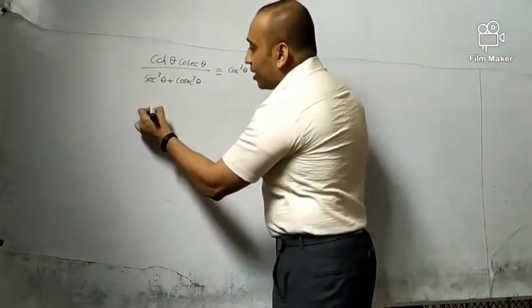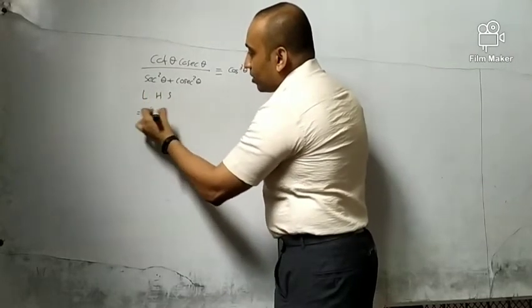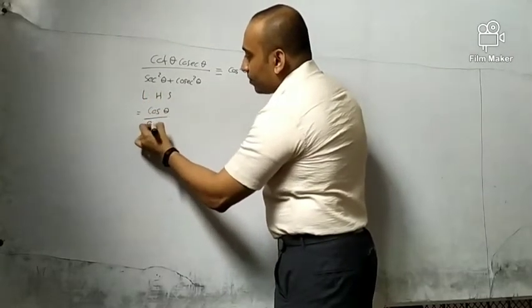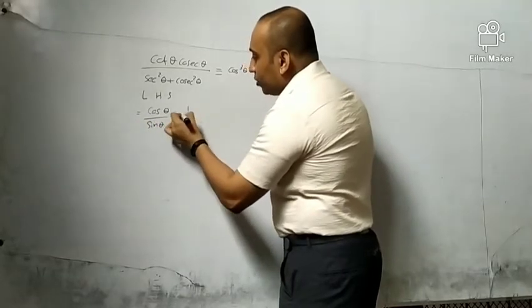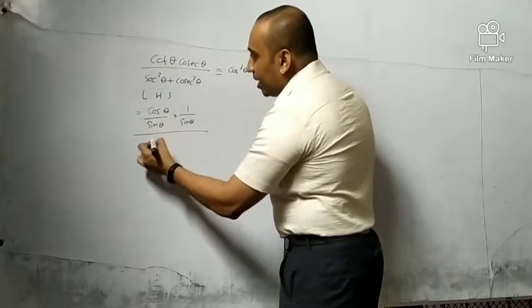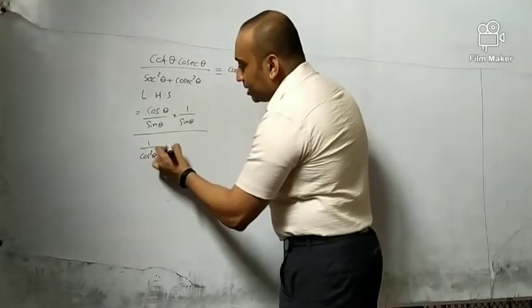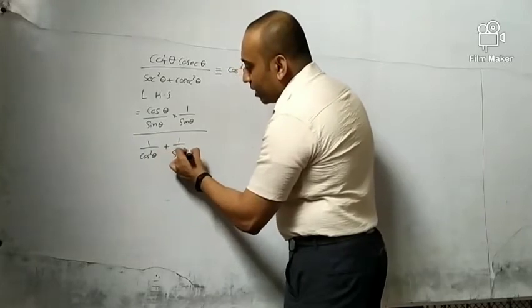So on the LHS, left hand side, cot theta you can write as cos theta over sin theta into 1 over sin theta, over sec square theta, you can say 1 over cos square theta plus 1 over sin square theta.